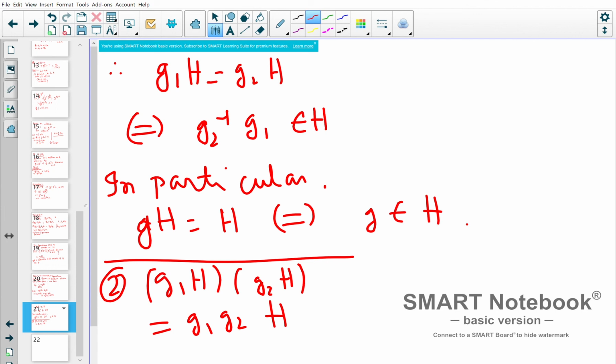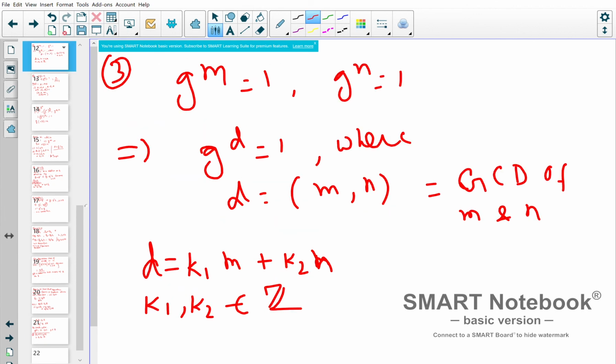So let me stop here with whatever we discussed so far. Today we started with the properties of homomorphisms.